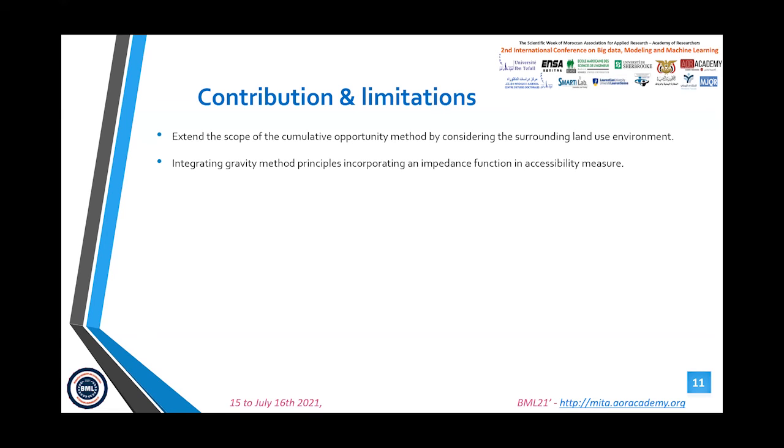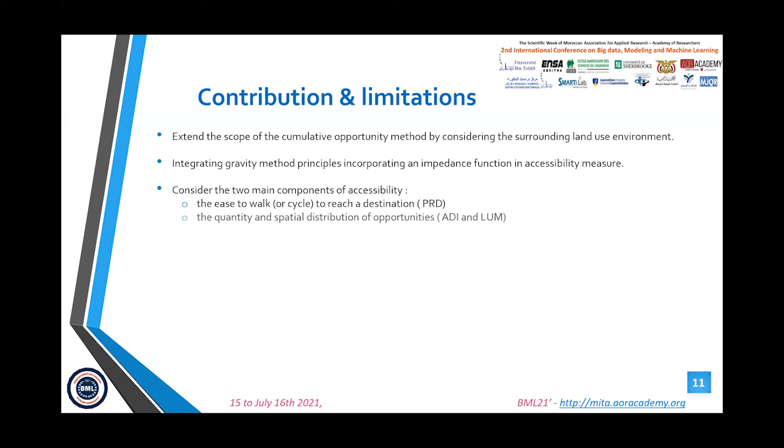In addition, our model considers the two main components of accessibility concurrently, which are the ease to walk or cycle to reach destinations, and the quantity and spatial distribution of opportunities.